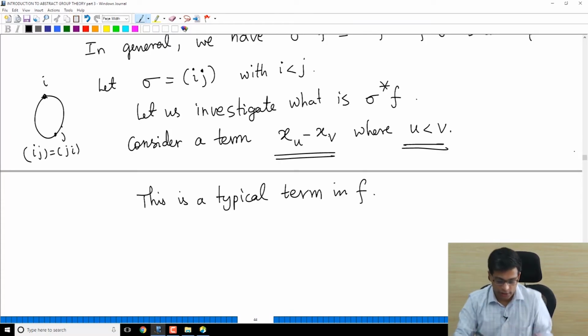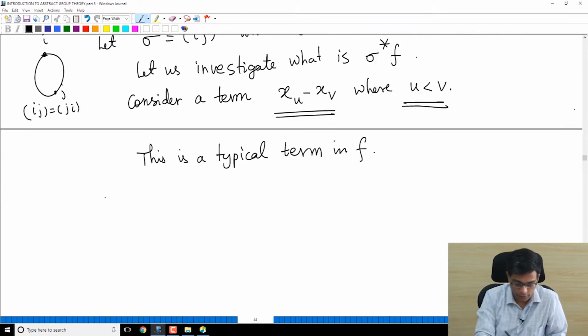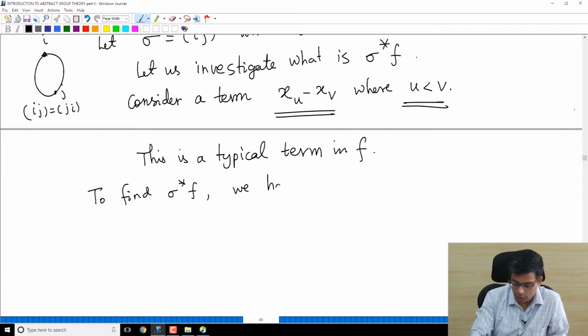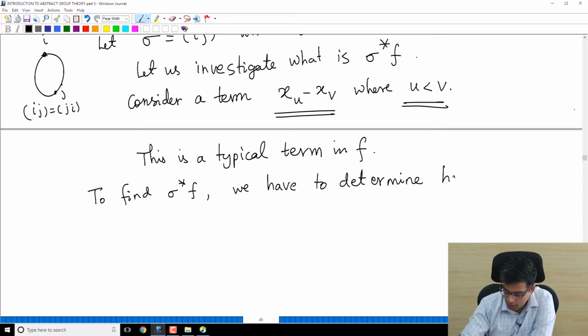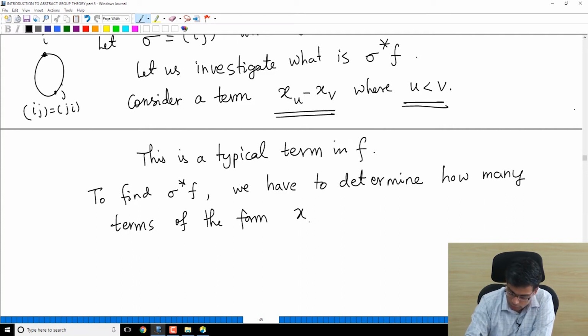Really what we need to do, to find what is sigma star f, is determine how many terms of the form x_u minus x_v change sign under sigma.